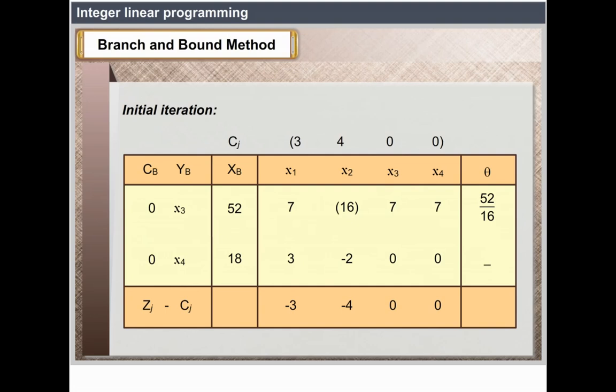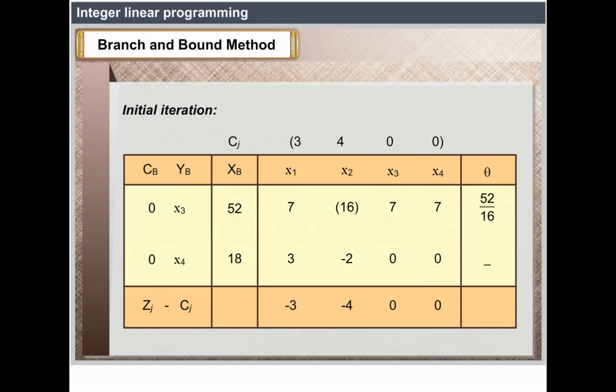Then the second row: 0 for CB, x4 for YB, 18 for XB, 3 for x1, −2 for x2, 0 for x3, 1 for x4. Then the Zj − Cj row: 0 for XB, −3 for x1, −4 for x2, 0 for x3, 0 for x4. And then we have to write very clearly the cj values: 3 for x1, 4 for x2, 0 for x3, 0 for x4.